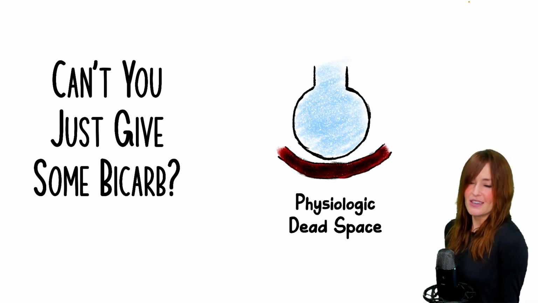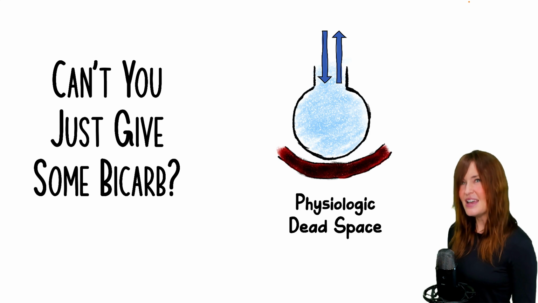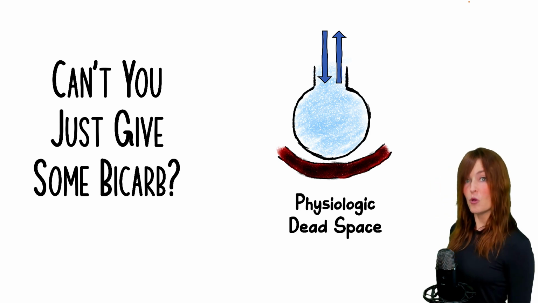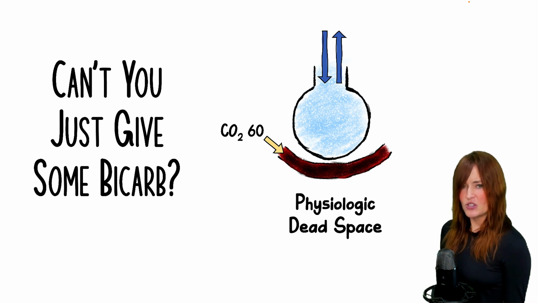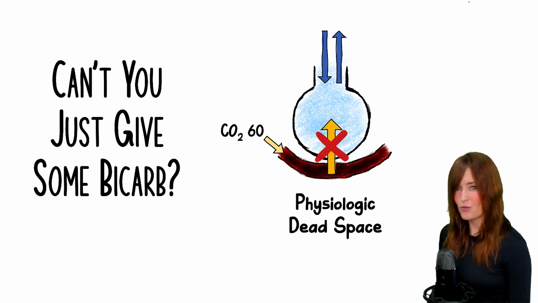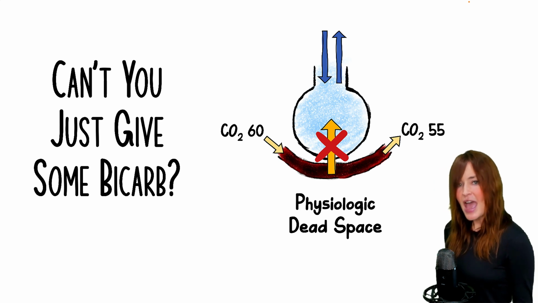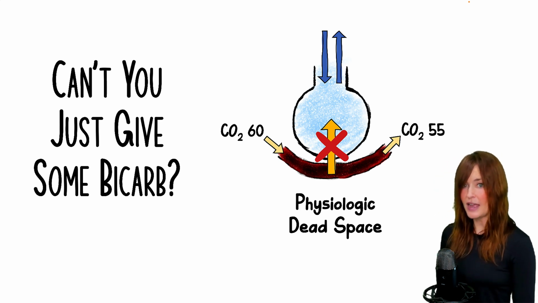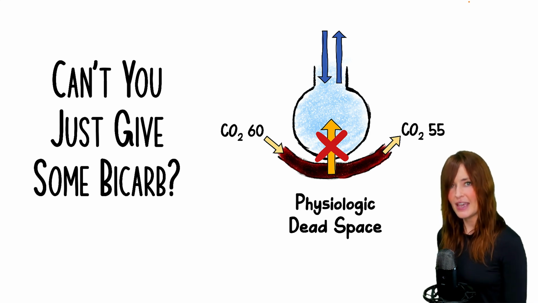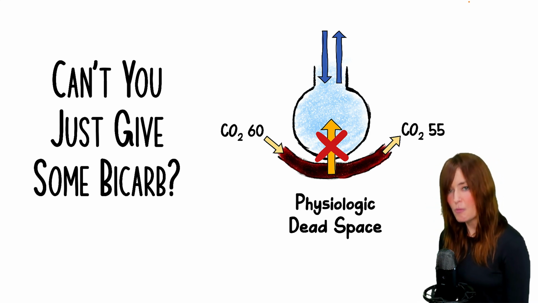Functionally, they're ventilating, so you're moving air in and out of the alveoli, but the pulmonary capillaries attached to those alveoli aren't really working. So the CO2 can't get out into the alveoli, and it doesn't matter how much air you move, because you can't get the CO2 out of the body.